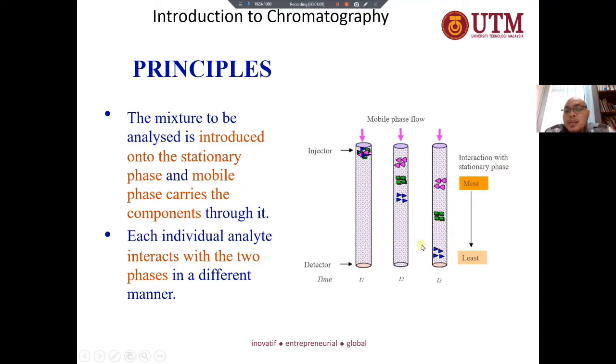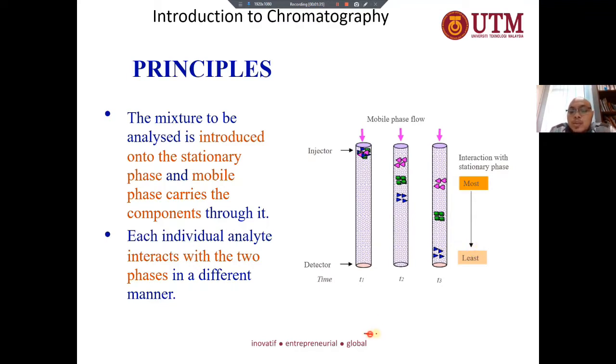Again, when your analyte doesn't interact with the stationary phase, they don't love the stationary phase, they love the mobile phase more, so they will elute the fastest.